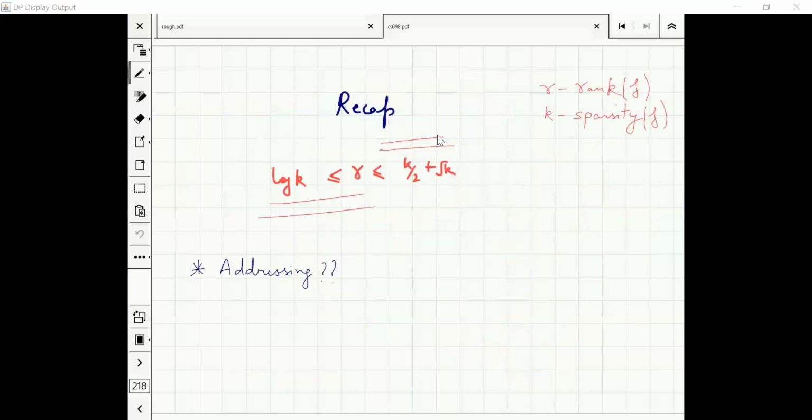Okay. So do we have examples of functions where rank is log k? Actually, that was simple. AND or majority, all of those had rank log k. Do we know of any function whose rank was very, very high, not log k, but very high?